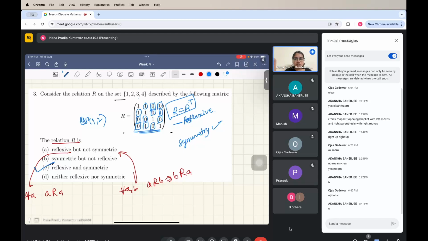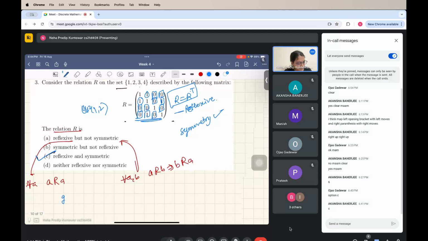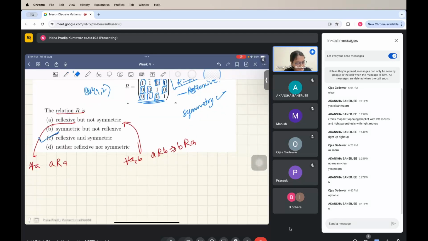Let's say instead of the matrix form, you were given a graphical representation. Let's say you have a relation R which is symmetric, and G is a graphical representation of this.